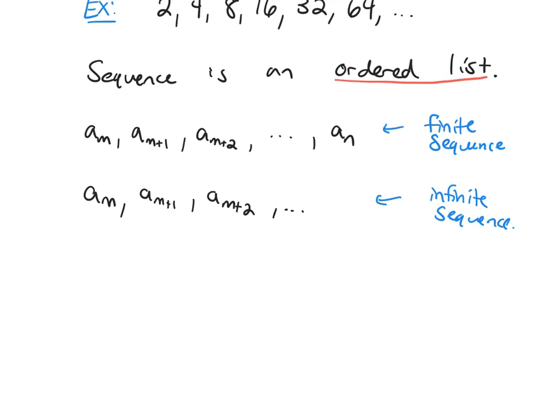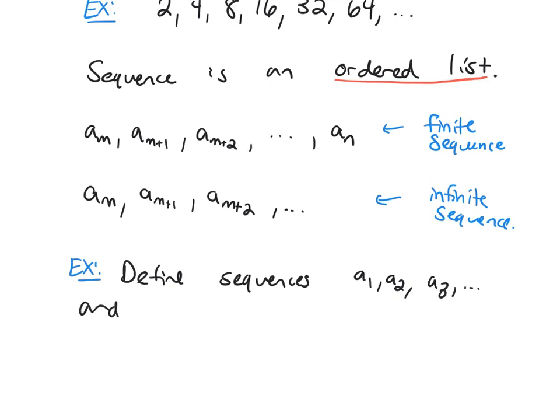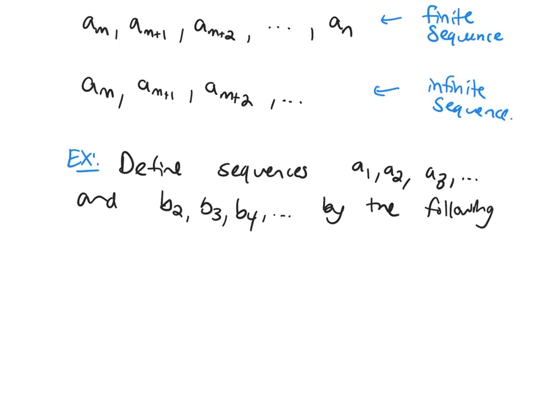So let's look at a sequence that's given by a formula. I'm going to define two sequences, A_1 and B_2, B_3, B_4, and they're both going to be infinite sequences, by the following formulas.